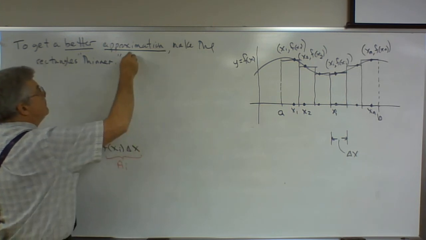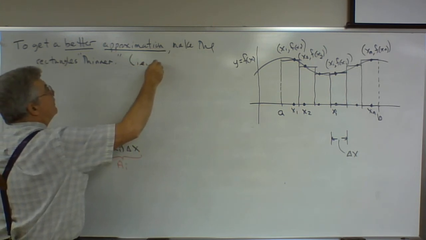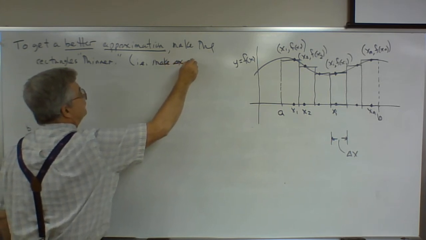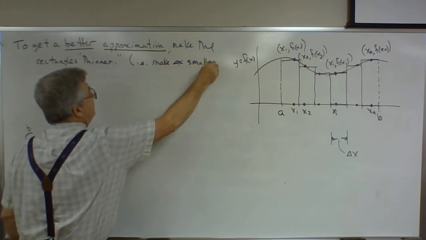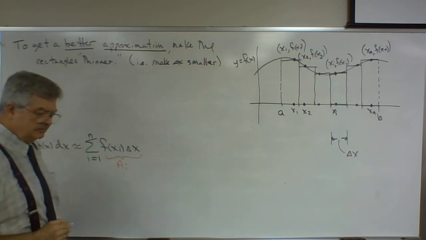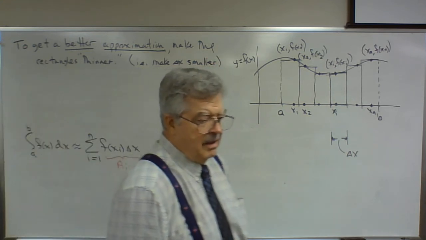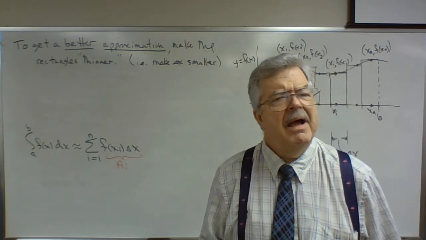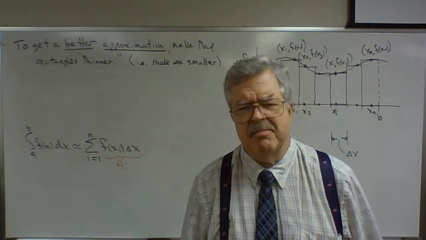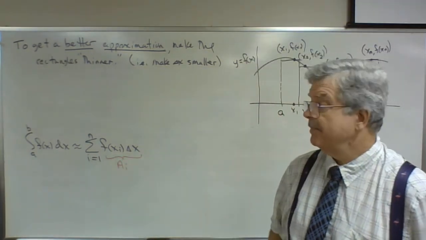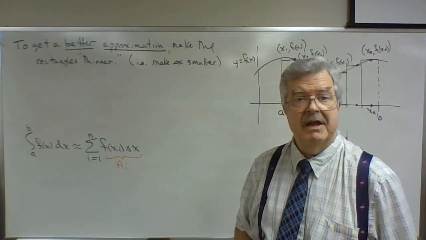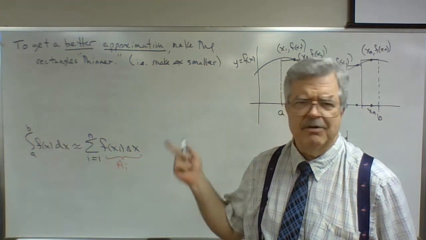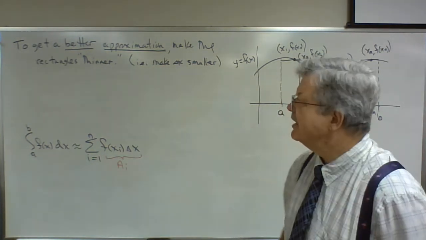And that's the same thing as saying make delta x smaller. And then we said, how can we get an even better approximation? Why not make delta x even smaller? It worked once, it ought to work again.